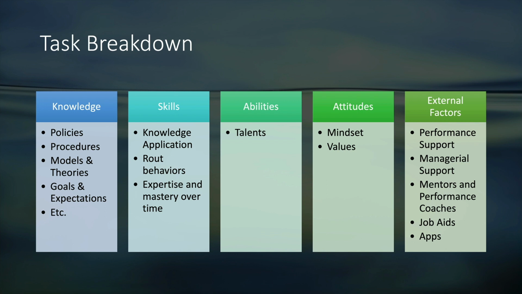From an ability standpoint, there's the different innate talents that one has for giving feedback or delivering it, as well as all the other different skills and tasks associated with performance management. And of course, there's a mindset and a value set around doing so as well. External factors include performance support, managerial support, different coaches or mentors that one might be able to leverage to get better or be more effective on the job, aids, different applications, and so forth.